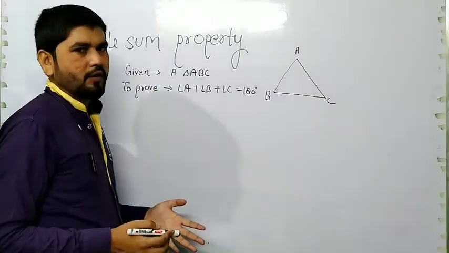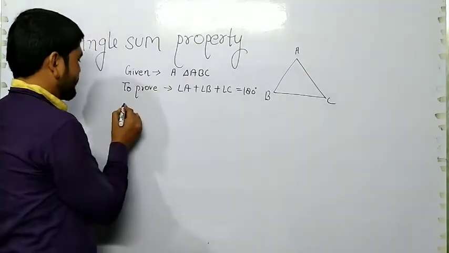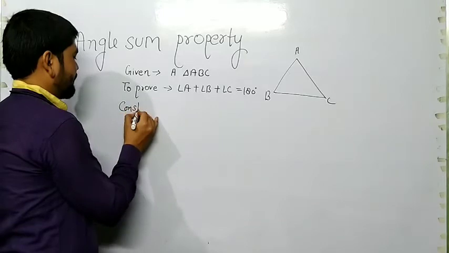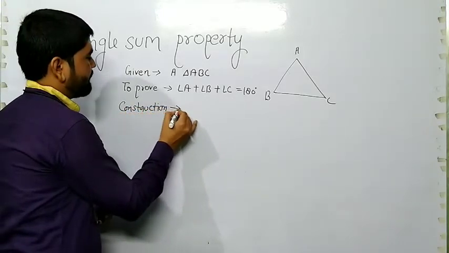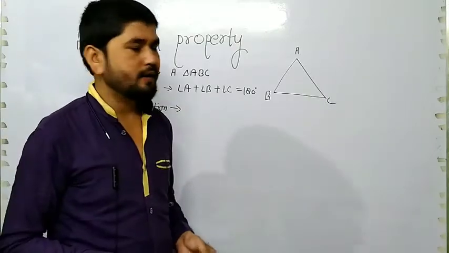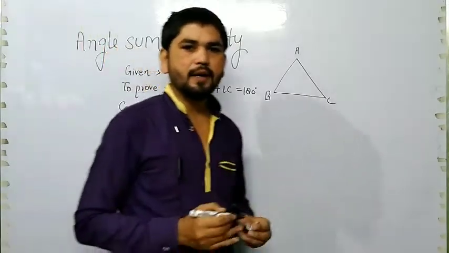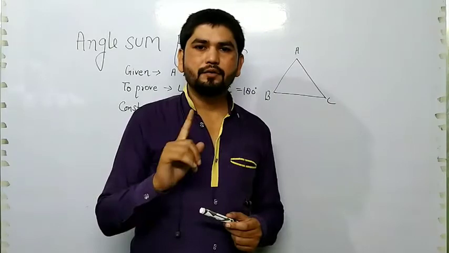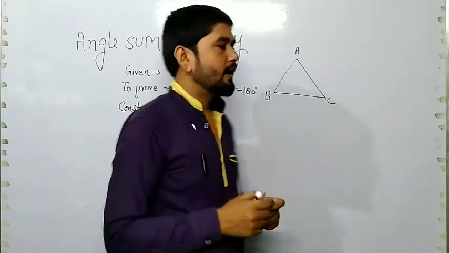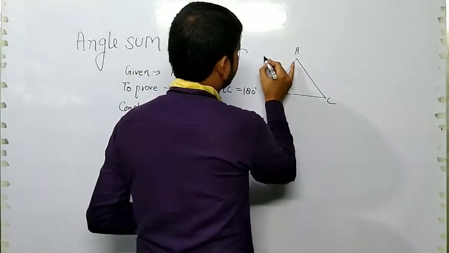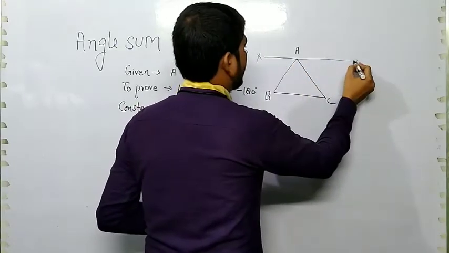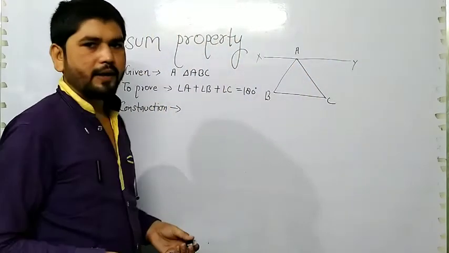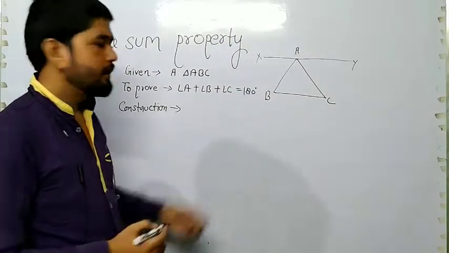Now construction is required because nothing else is given here. What will we do? We will draw a line parallel to BC through the point A. Just now we have drawn a line XY through the point A, parallel to BC.